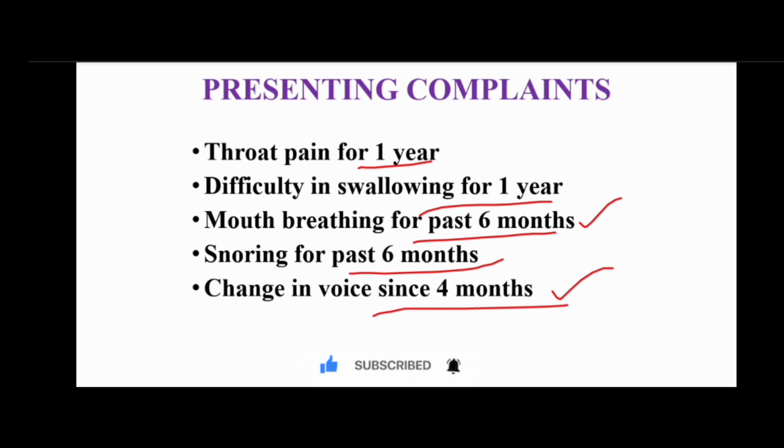We have to write them in chronological order, meaning which symptom appeared first and which appeared last. We have to write and present the case like that.